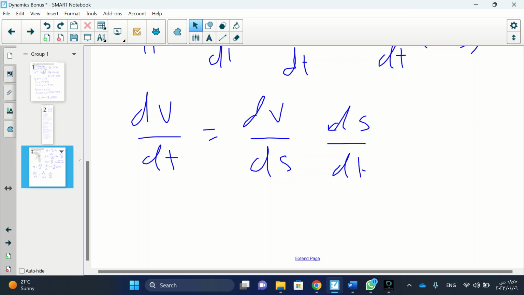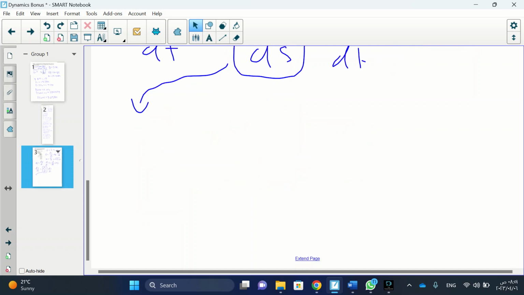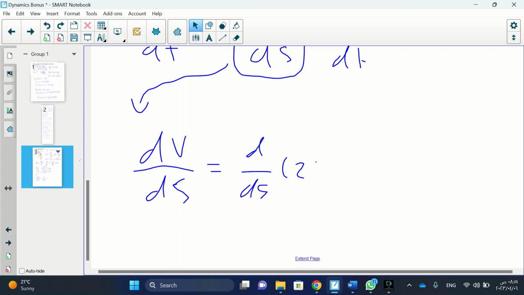using the chain rule we can say that, let's take for example dv over ds. Let's find its value. So dv over ds is equal to d over ds of 2s. This will give you 2.